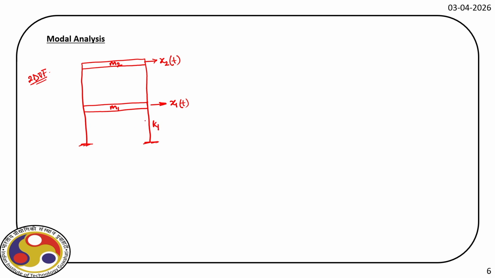For each story we have a collective stiffness. We have two columns, and together they will provide a lateral stiffness of, say, K1 and K2. Now we can idealize following the same concept. We'll have one mass here and another mass there.